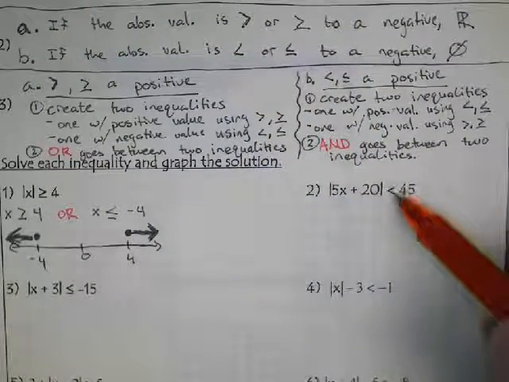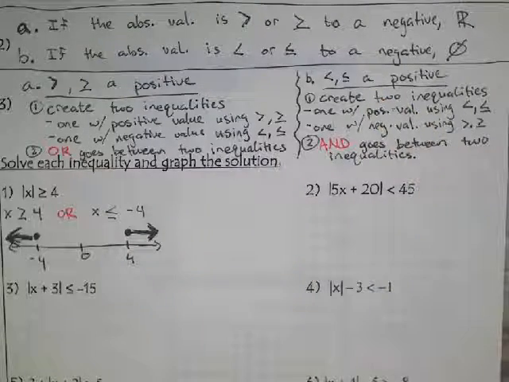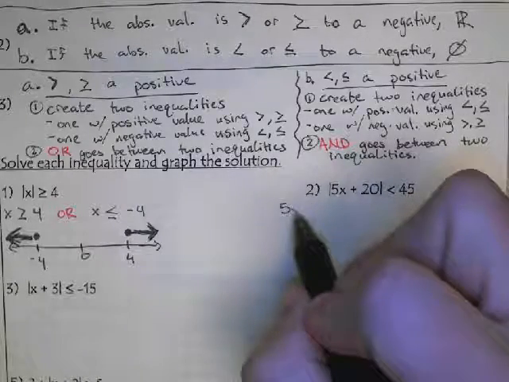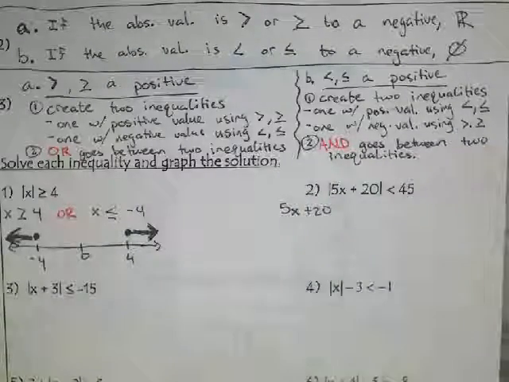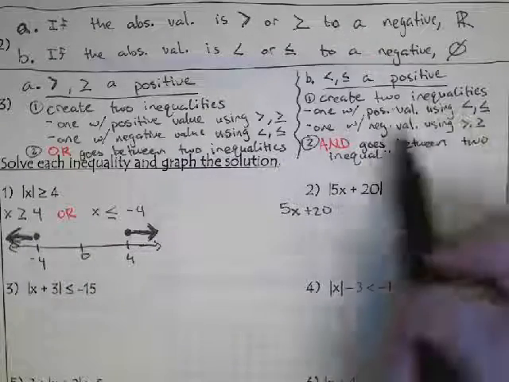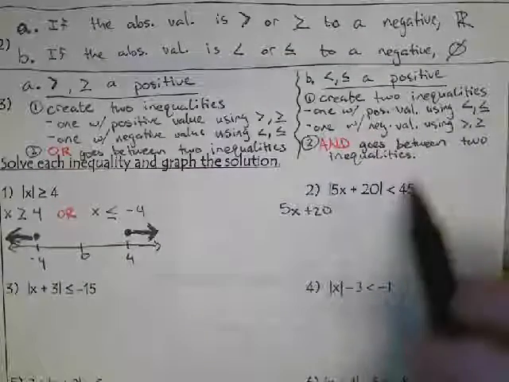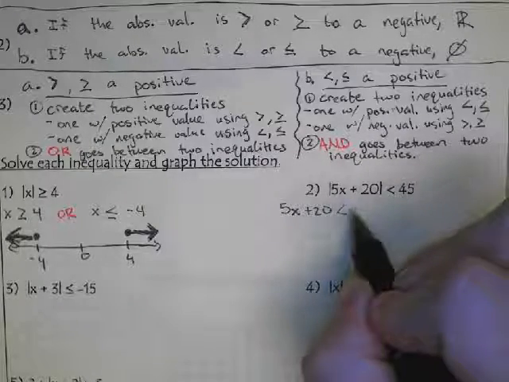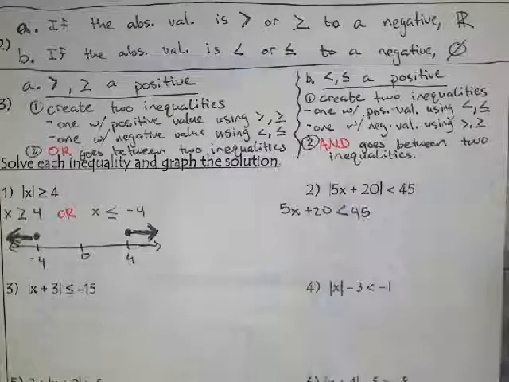Well, we began with the less than, so we'll look at 3B. So what we'll do is create two inequalities. All the stuff on the inside, one with the positive value, so using positive 45, and we'll use the symbol that we started with. So we started with the less than, so we'll use the less than.